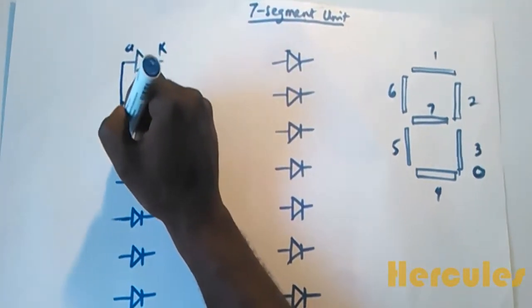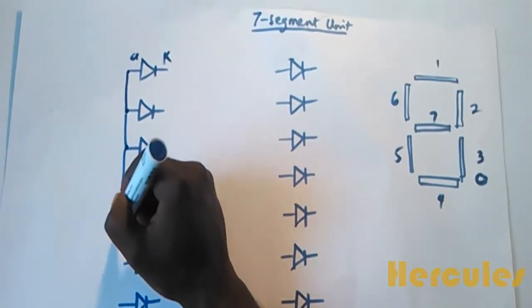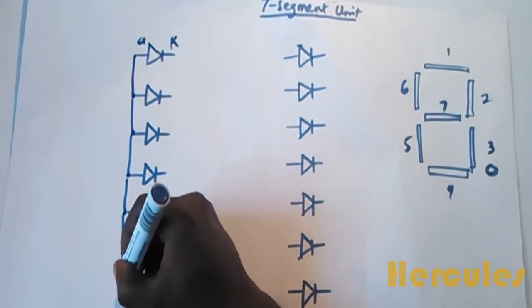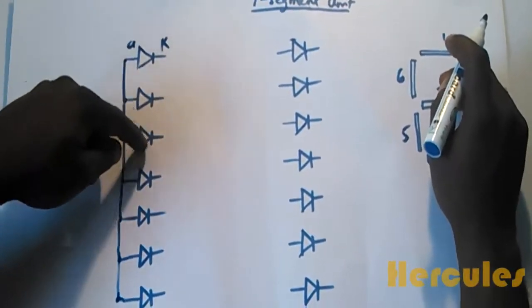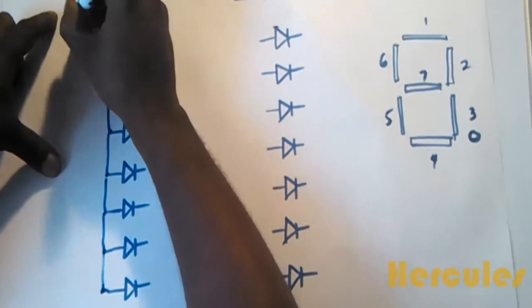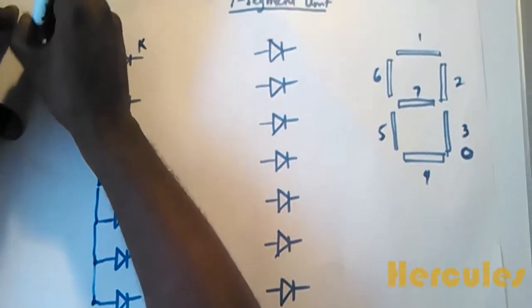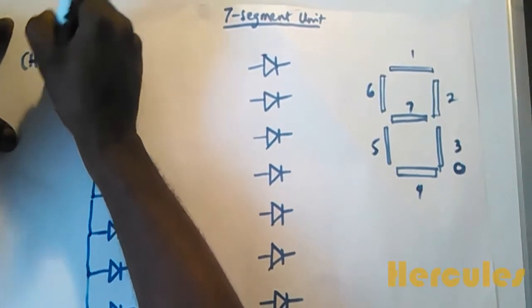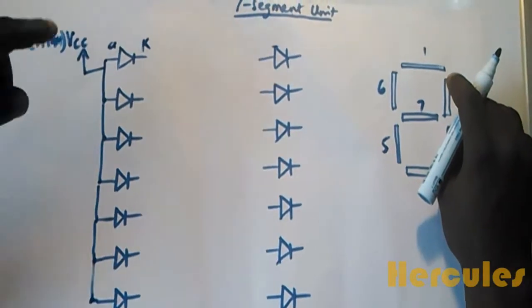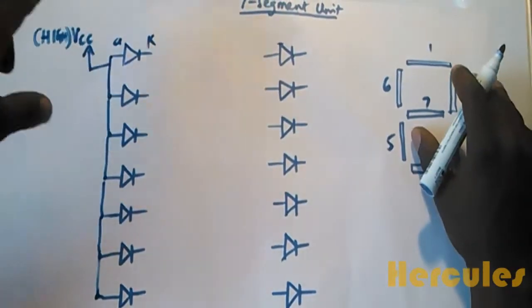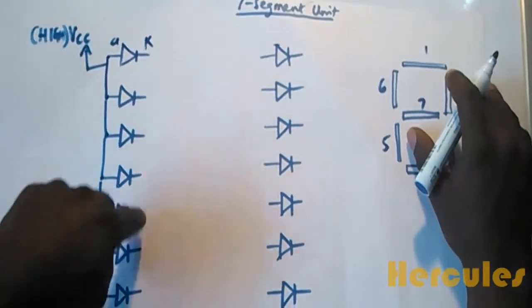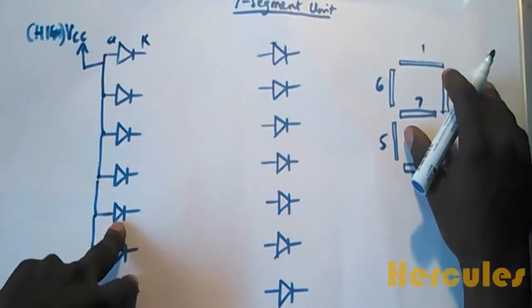So for common anode, we have the anodes connected together like so. We have 1, 2, 3, 4, 5, 6, 7, and in this way they are all connected to VCC, or what we also call high. In this scenario, since this is connected to a high, we need lows, we need zeros to turn on each of the respective segment LEDs.